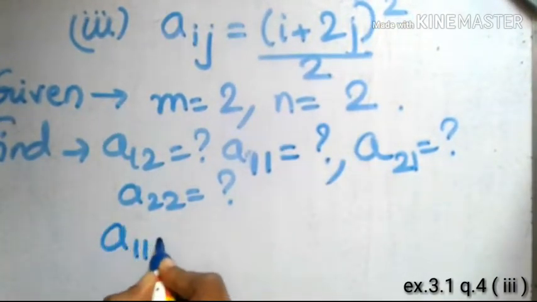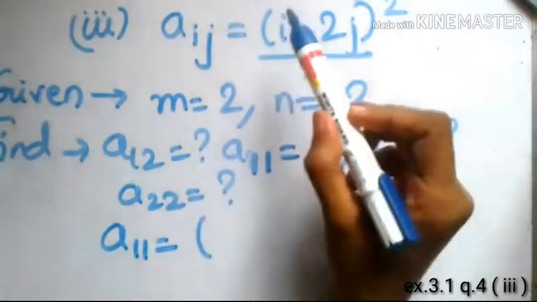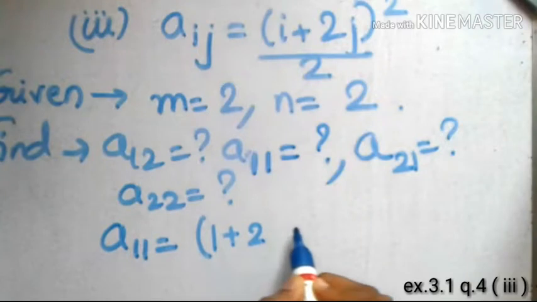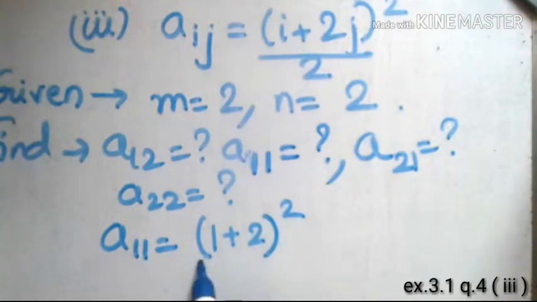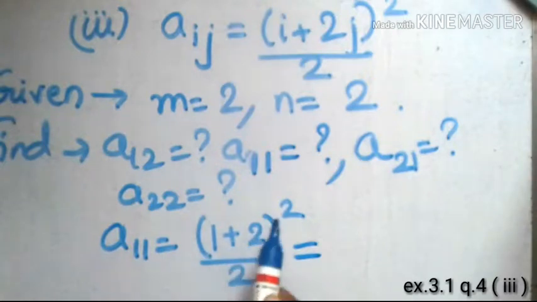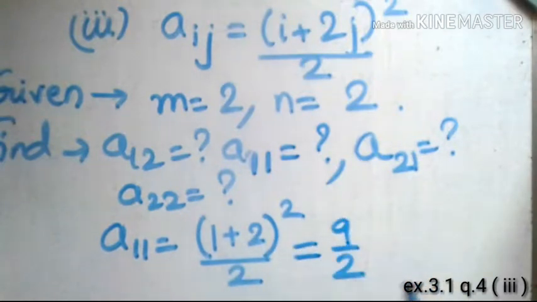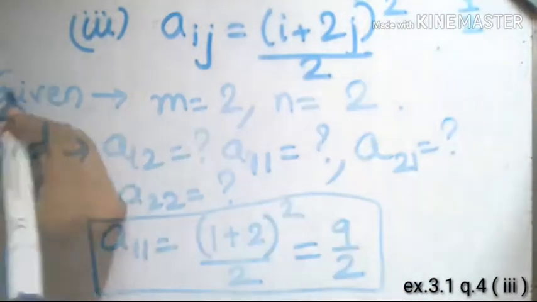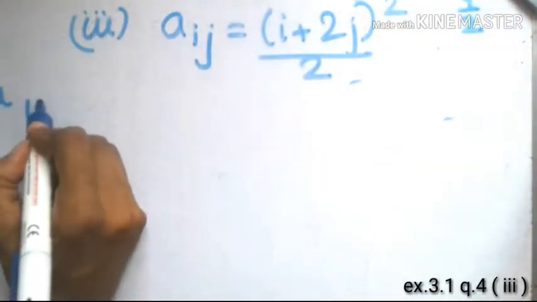So I will have A11, put i as 1 and j as 1. So 1 into 2, it will be 2, the whole square divided by 2. So I'll end up with 1 plus 3, 3 the whole square is 9 by 2. So this is my value of A11. Now let's see A12.